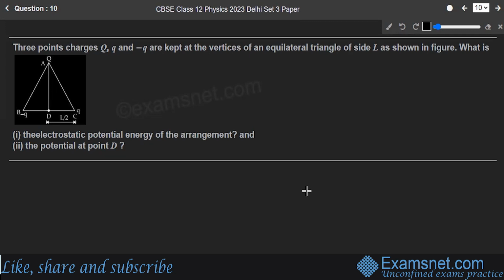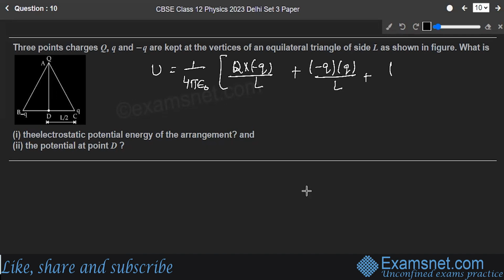The electrostatic potential energy is given by U = 1/(4πε₀) [q(−q)/L + (−q)(Q)/L + Q·q/L]. So this gives me 1/(4πε₀). Let's write them; I'm taking the L outside, okay?